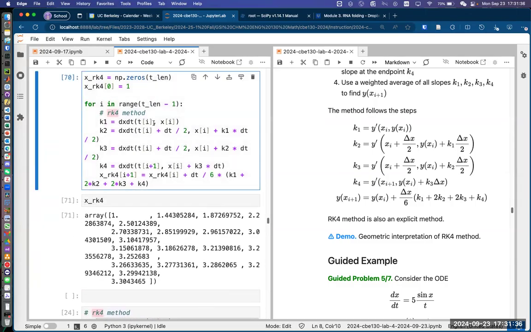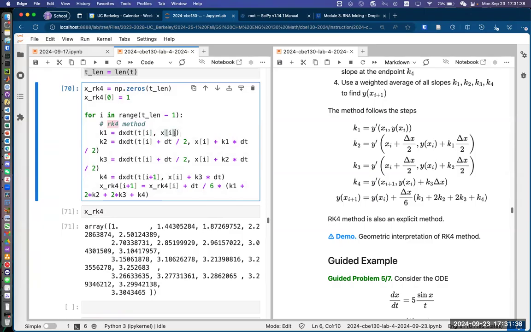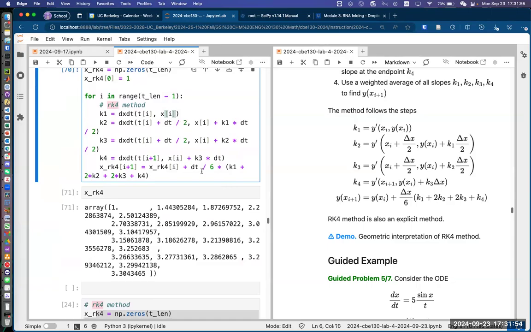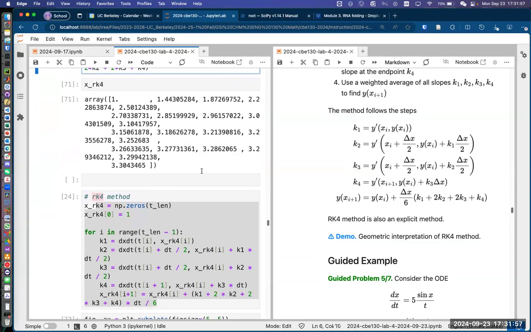So where is it wrong? K1 plus dt divided by 2, K2 dt divided by 2. Let's see, compared to the solution.